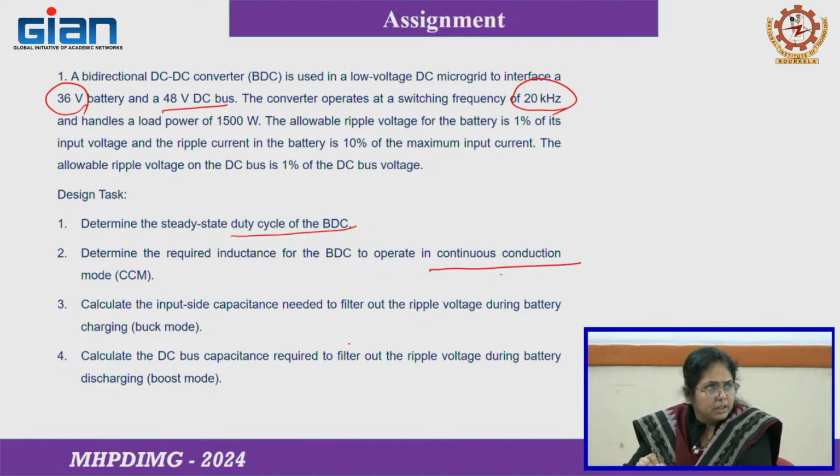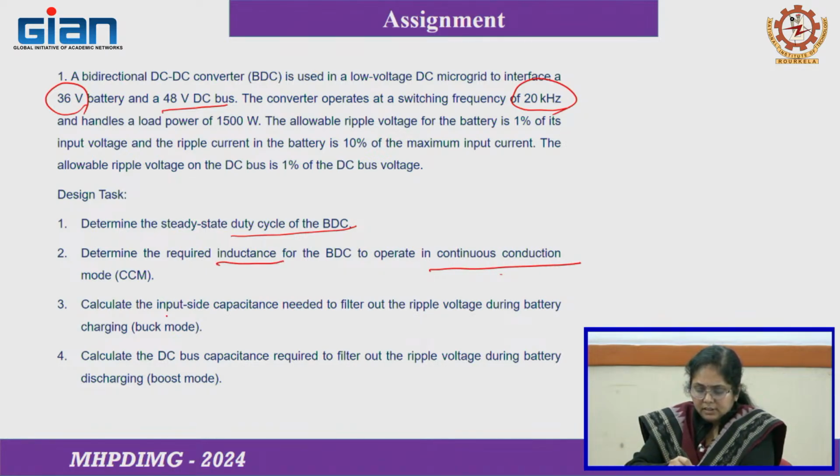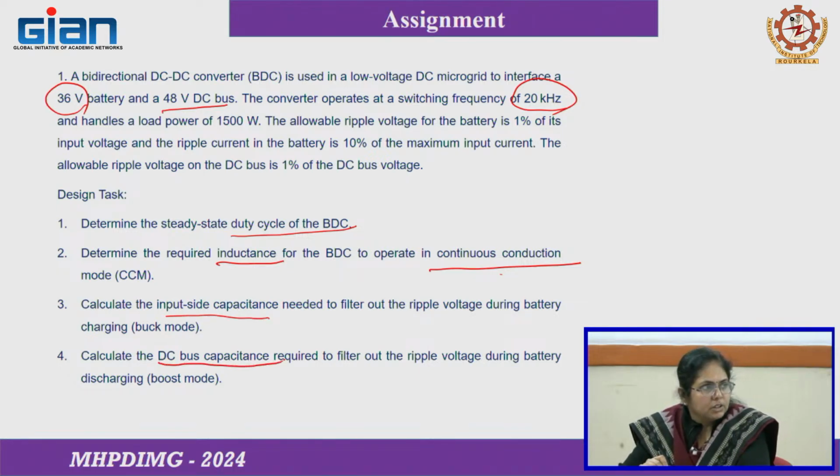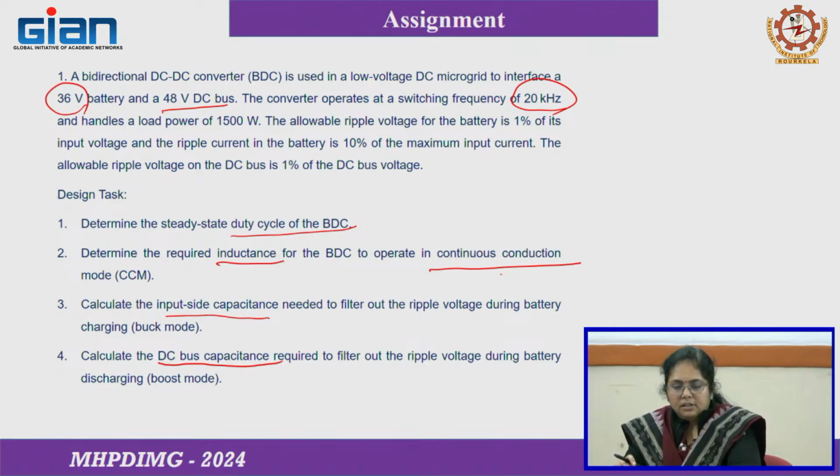Obviously, we have done all the analysis for continuous conduction mode. So, calculate the inductance, the input capacitance, and the output capacitance values. In a similar way, I have already given all the formulas, and I told you the way how to do it. So, this is the tutorial content for today's class.